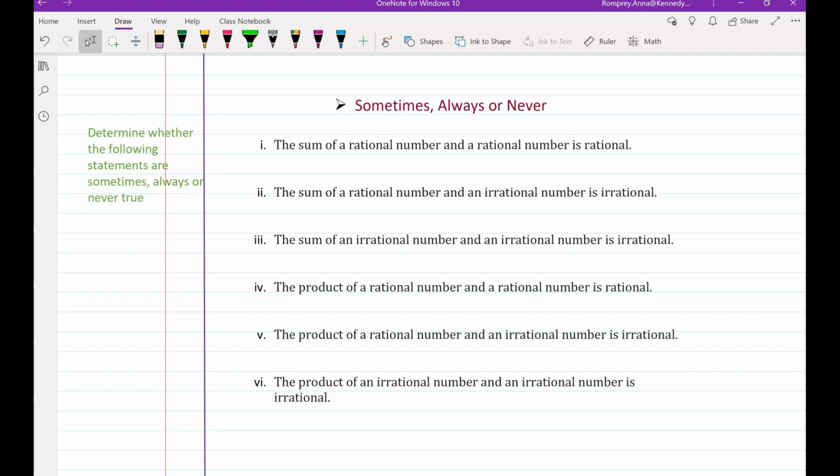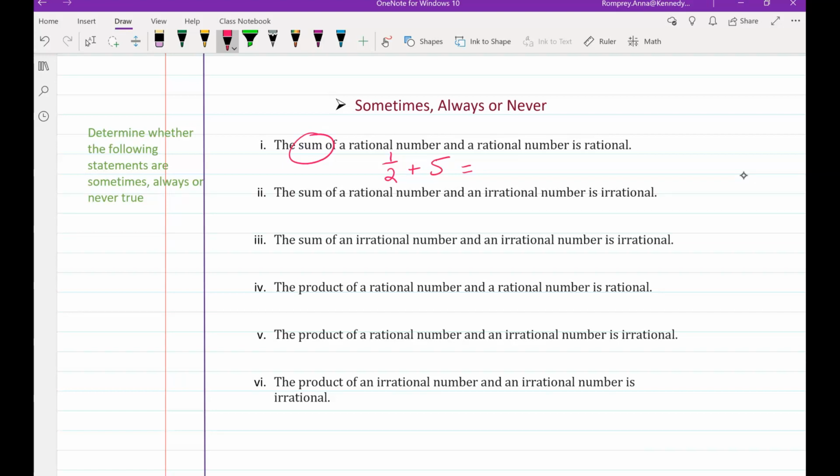So when it asks me, the sum of a rational number and a rational number is rational. So let me think. A rational number, 1/2. So sum, so plus another rational number, let's take 5. Is that always going to give me a rational number?